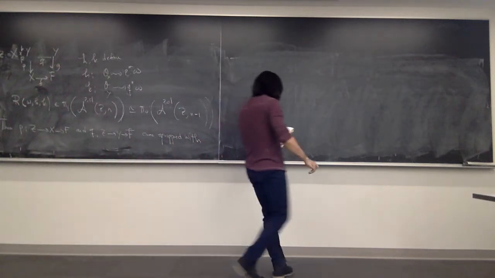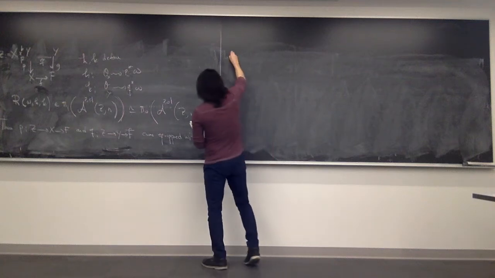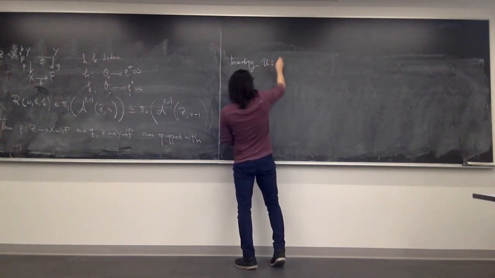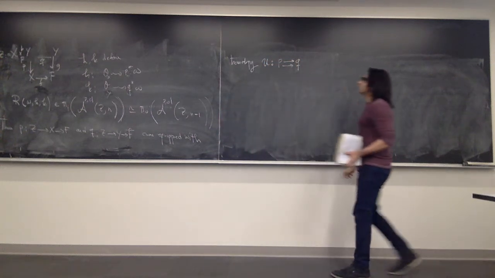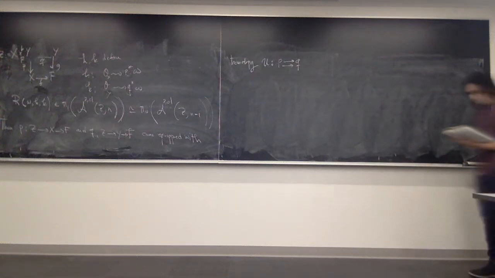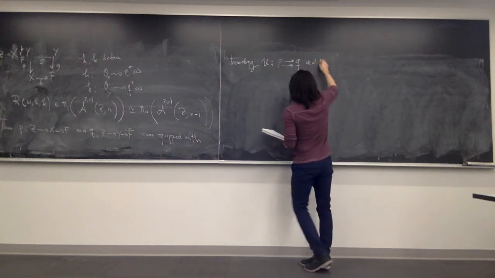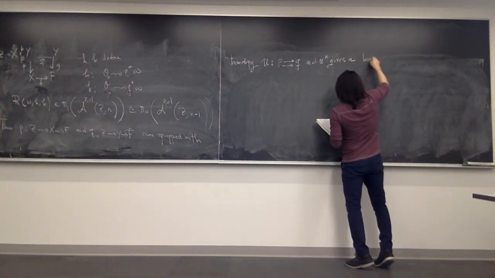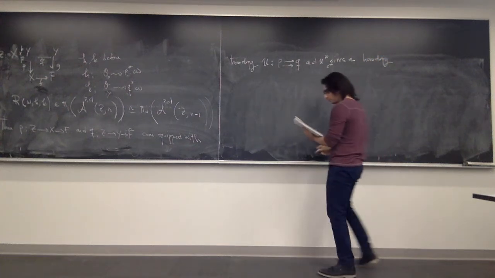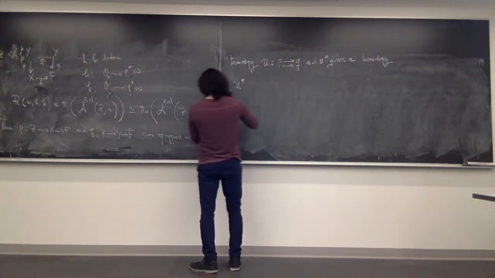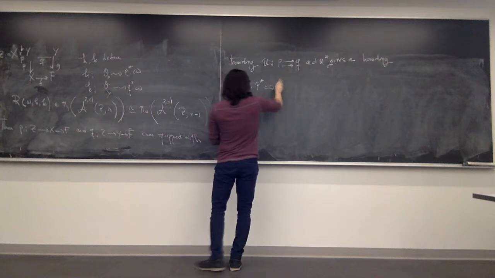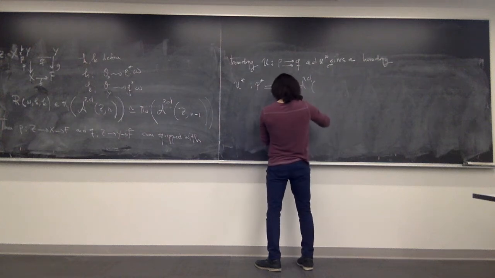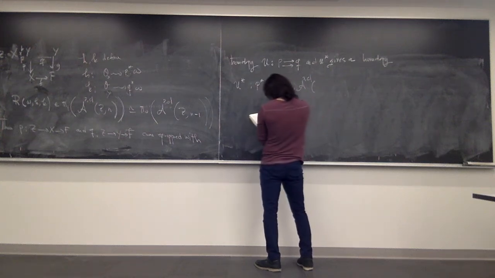Before I only had one path. So equipped with a homotopy, let's write it as U from P to Q. And U star gives a homotopy, Q star, Q star, closed, all of it.